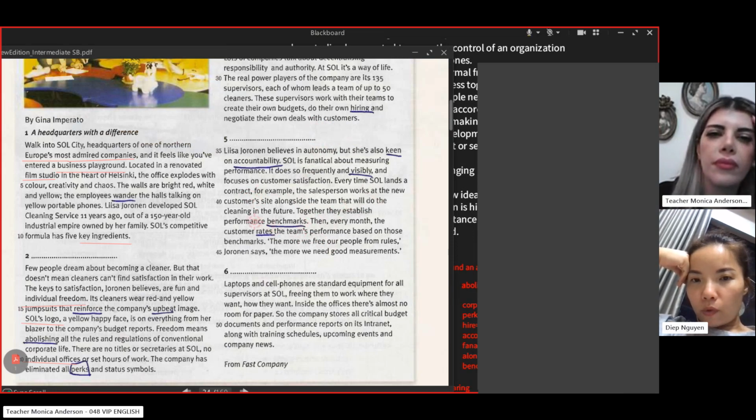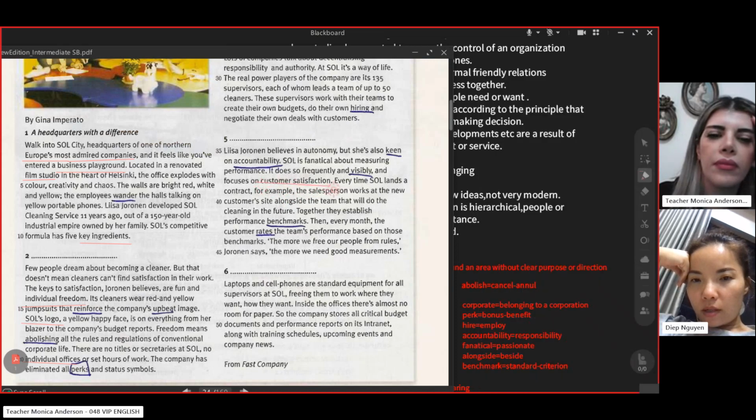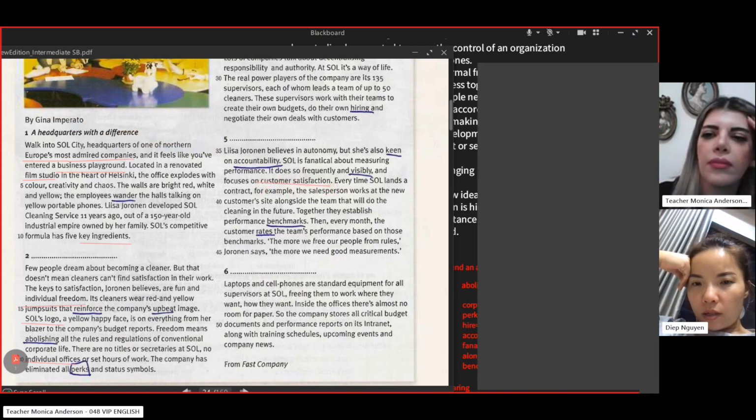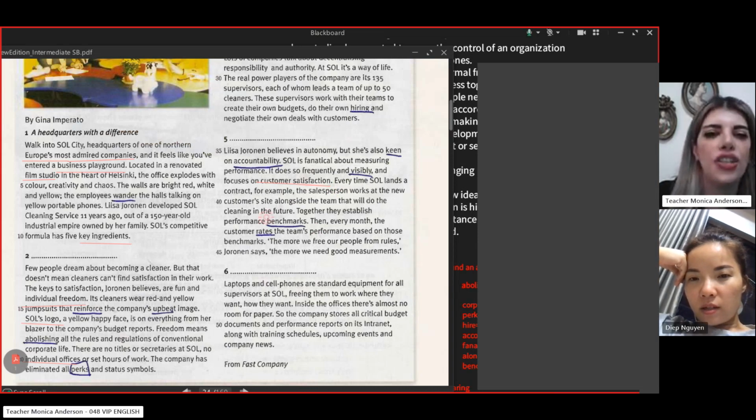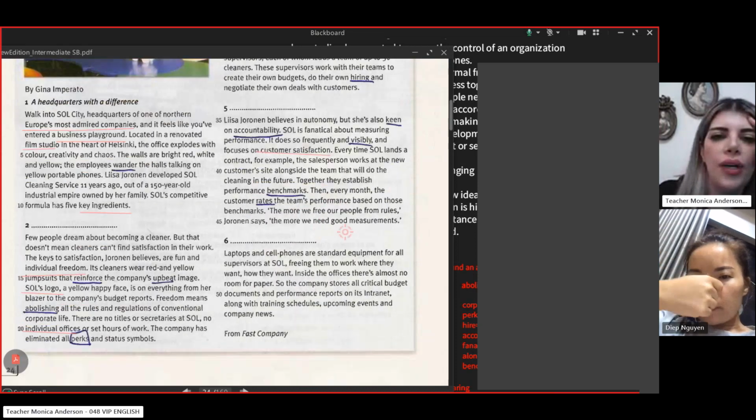Measure, no. Customers, no. Customer satisfaction. This is noun, noun, noun. Yeah, it's okay. So we have something like this.